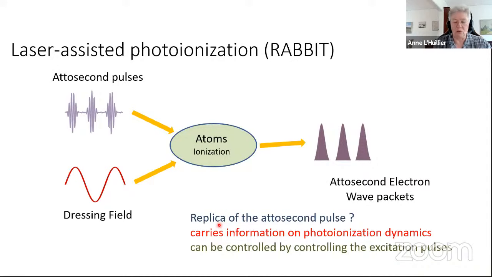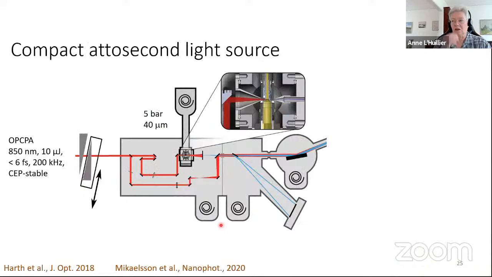Let me present to you an experiment where we do that, and maybe some details about the experiment. Here we use our optical parametric chirped-pulse amplification system with a wavelength of 850 nanometers, not much energy per pulse, less than 6 femtosecond pulse duration, so a short pulse duration, a high repetition rate of 200 kilohertz, and carrier-envelope phase stable, which is important for the experiments.